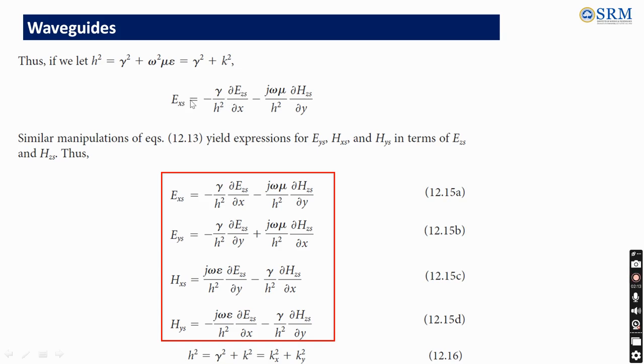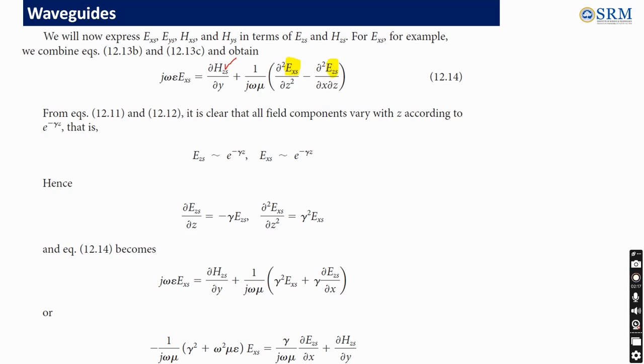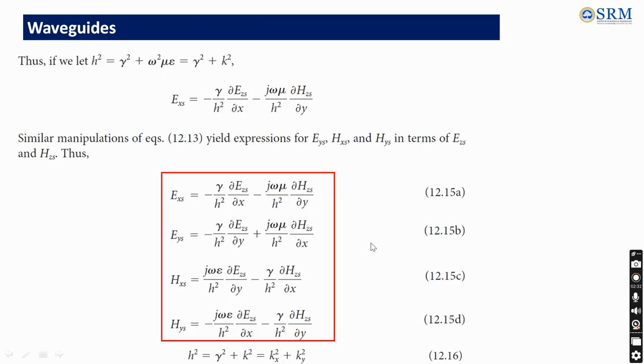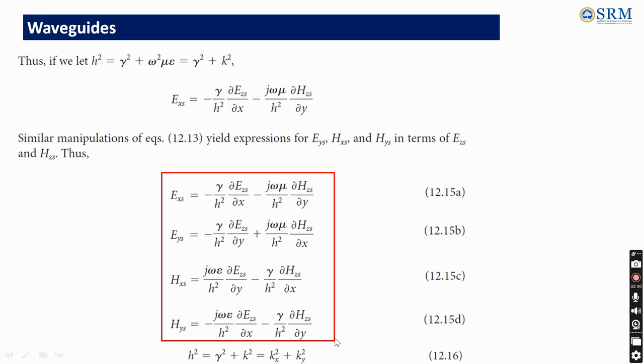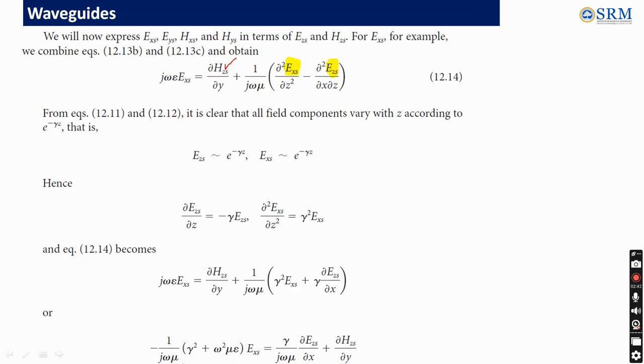And then Ex_s from the previous expression we can write as, if this comes to this side, minus will be coming here, minus γ by this term coming to the denominator. So these terms get cancelled, right? So minus γ by h² ∂Ez_s by ∂x. Then if this term comes this side, minus jωμ comes in the numerator part.